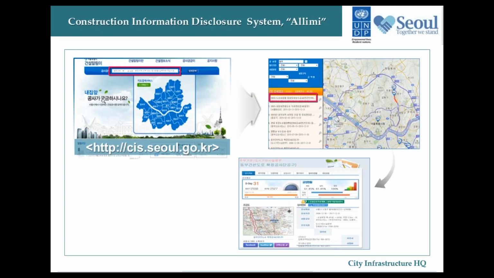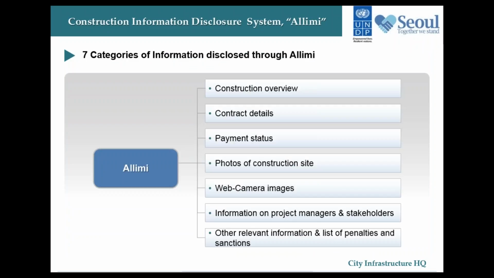Next, when you click on a specific project in the list of search results, you will see the next screen, as in the right bottom corner of this slide, with all the relevant information of the project you just have selected.